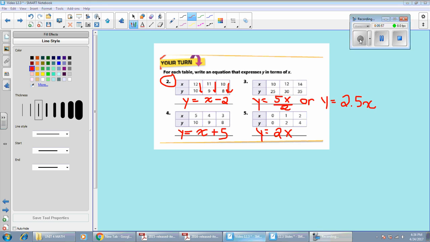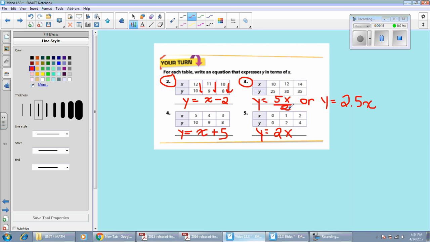Okay, so how did you do? Let's look at question 3. You can write it a few different ways. I was looking at the x's and how they became y, and I said, okay, 10 times 5 is 50.